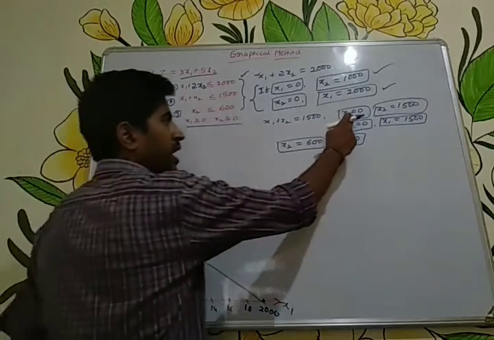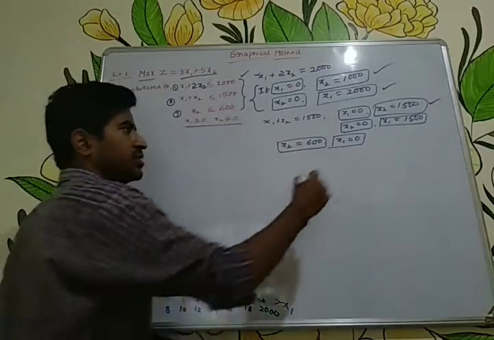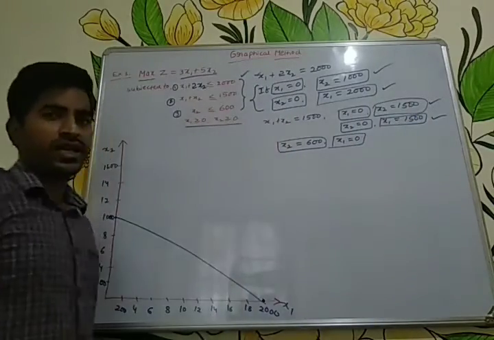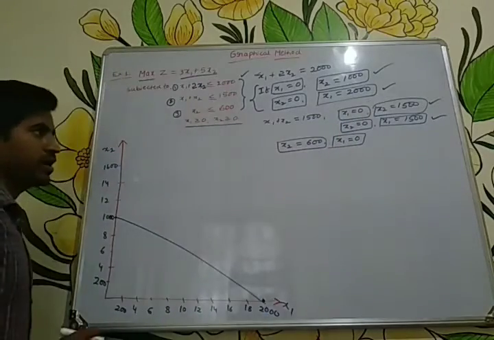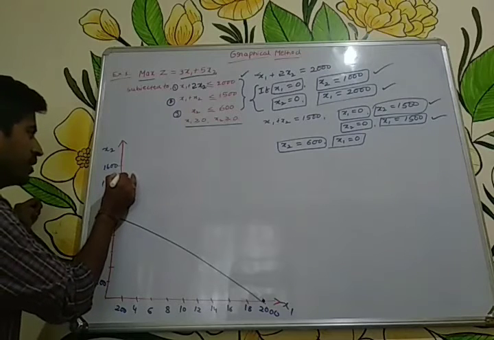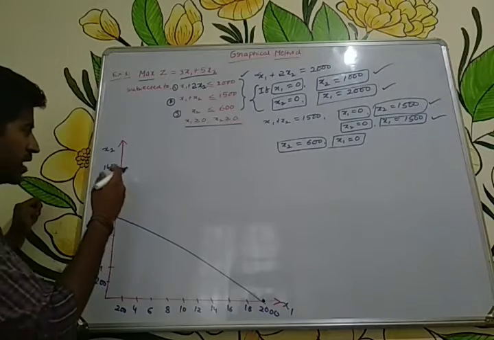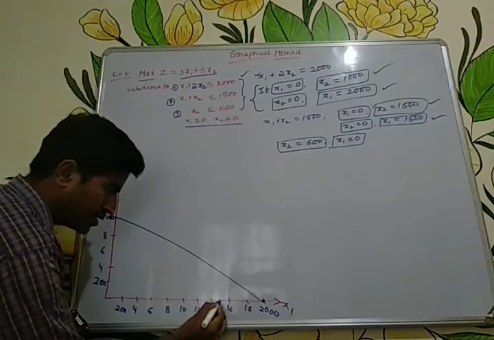Then let us mark the points for the second equation. x1 is 0, x2 is 1500, which will be here. Then x2 is 0, x1 is 1500, which is here.